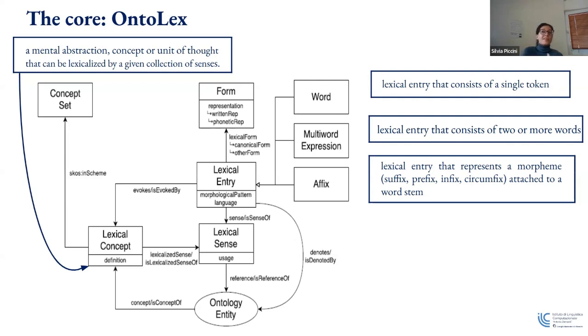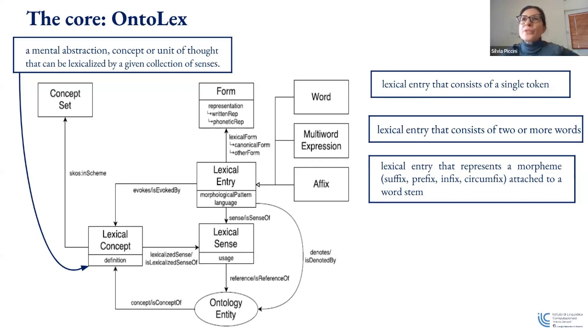A concept belongs to the conceptual dimension. So this combination sounds quite strange. You can create some instances of this class, and this class represents a mental abstraction, a concept, a unit of thought that can be lexicalized by a given collection of senses.